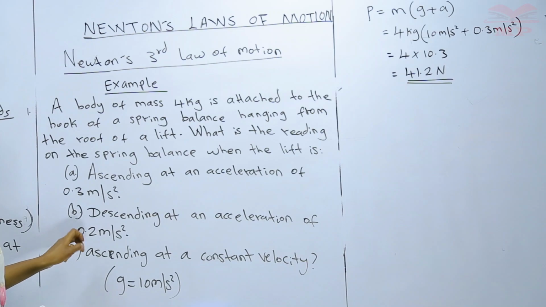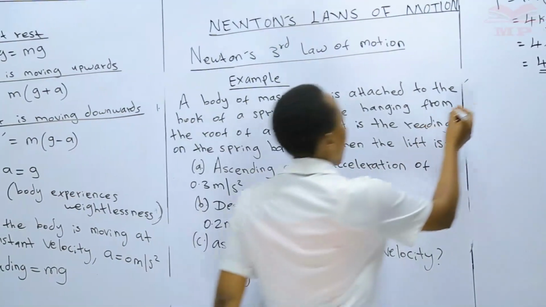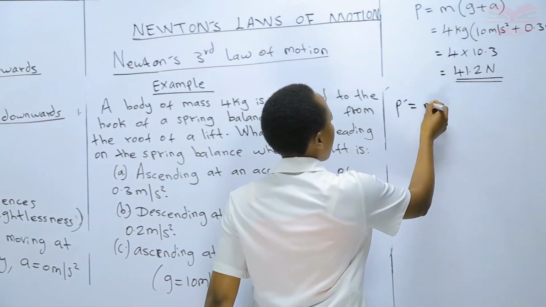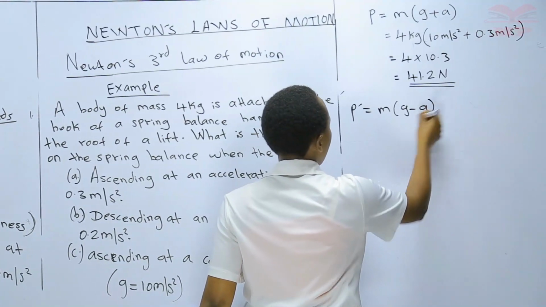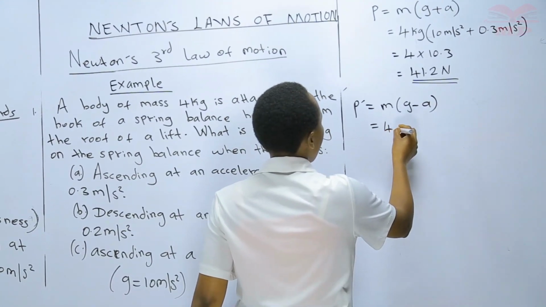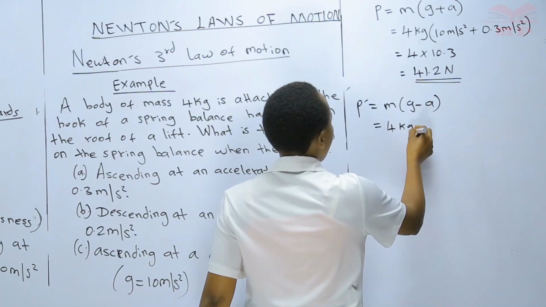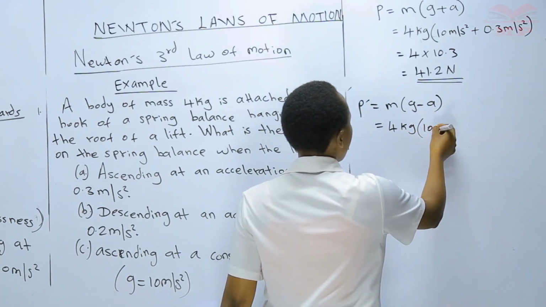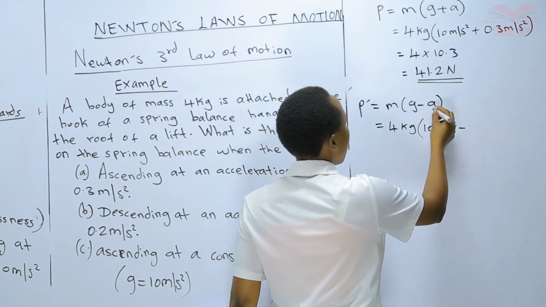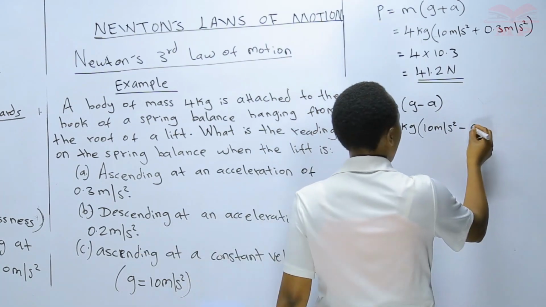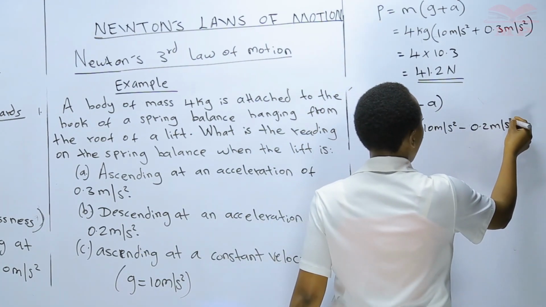Then when it is descending at this acceleration, we consider now the lift moving downwards. So we are going to have therefore mass times gravitational force minus acceleration. Our mass again is 4 kilograms, our gravitational force is 10 meters per square second, and our acceleration we've been given as 0.2 meters per square second.